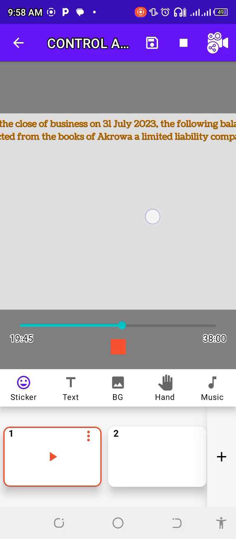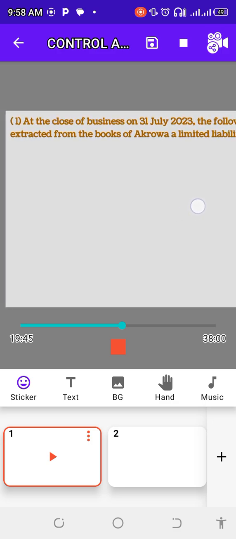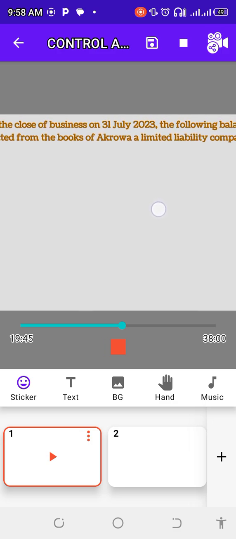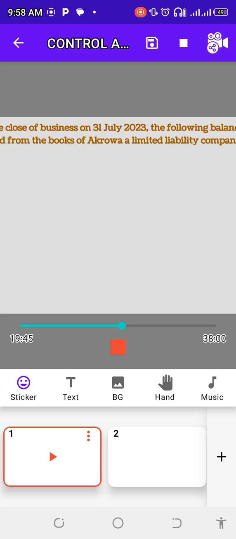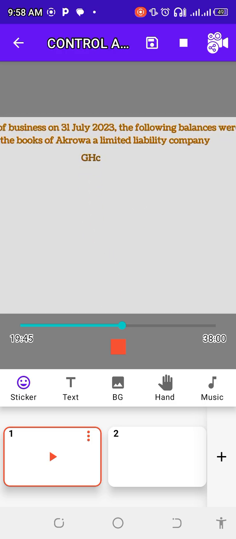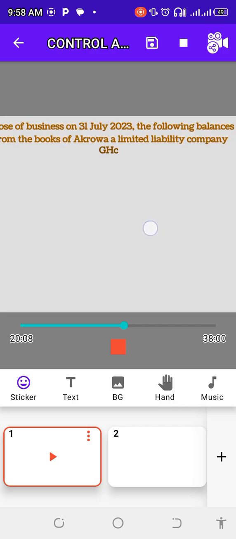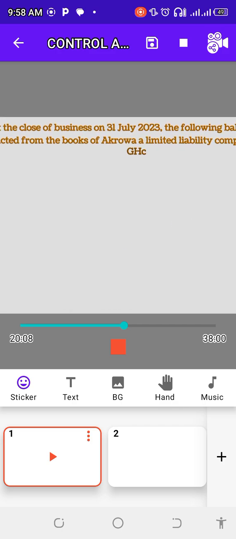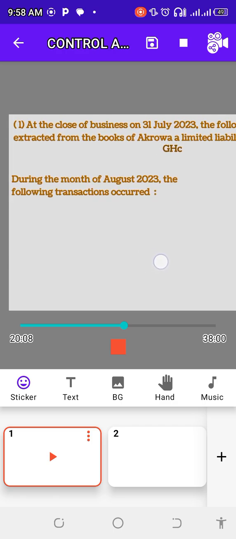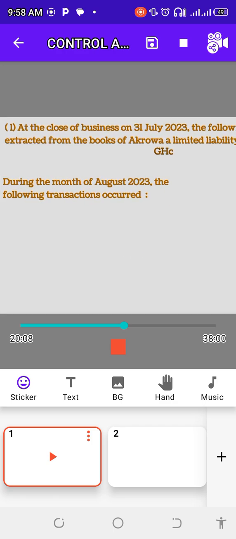Now, this is another question. At the close of business on 31st May 2023, the following balances were extracted from the books of Accrual, a limited liability company. During the month of August 2023, the following transactions occurred.